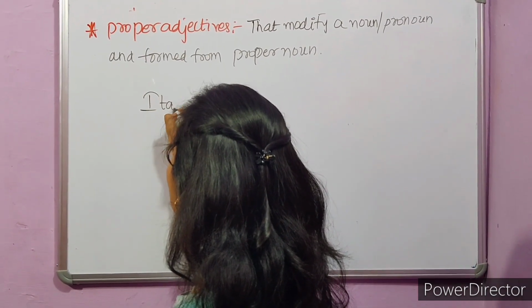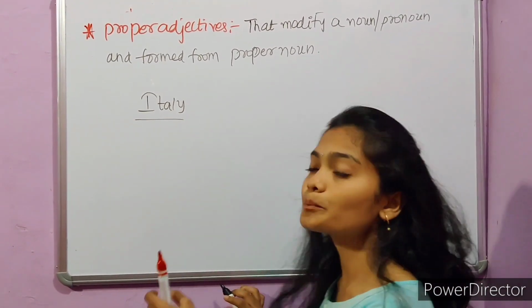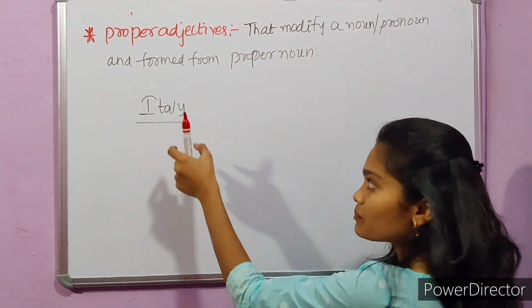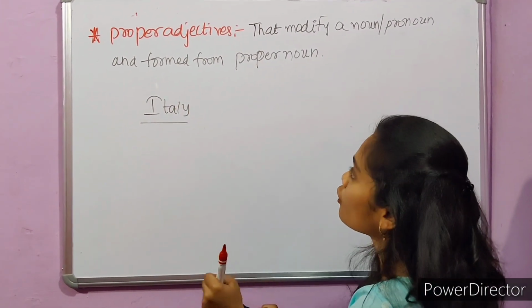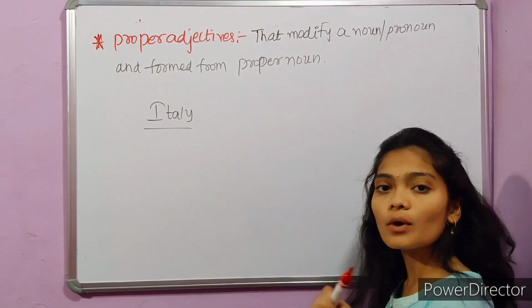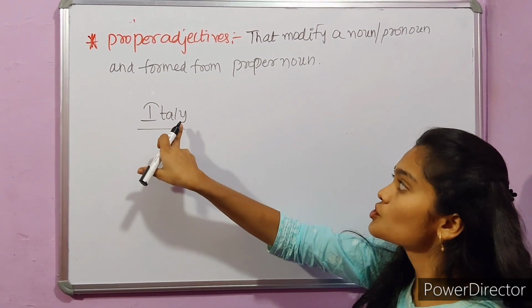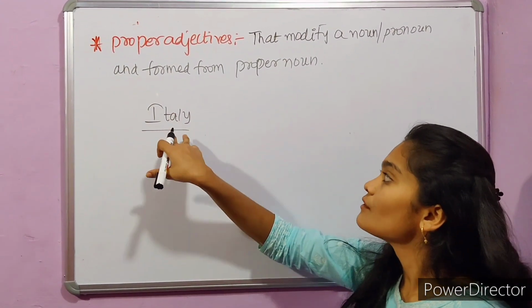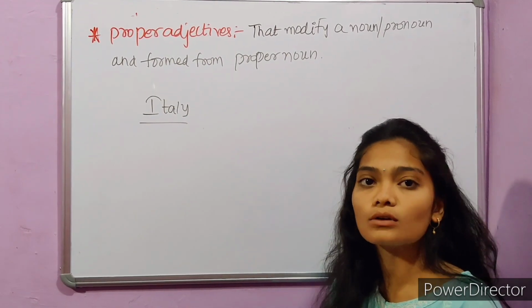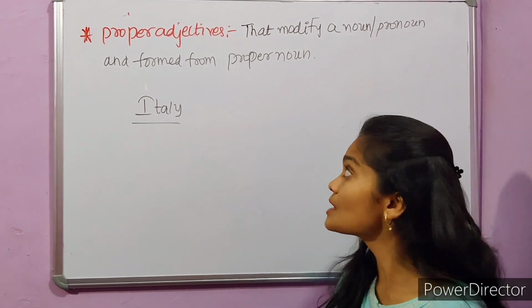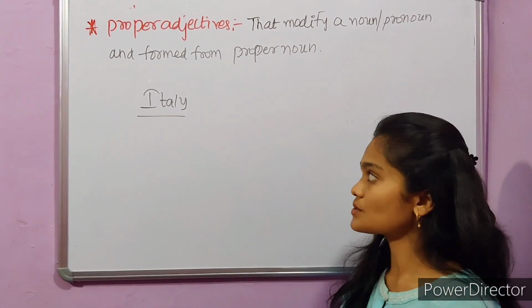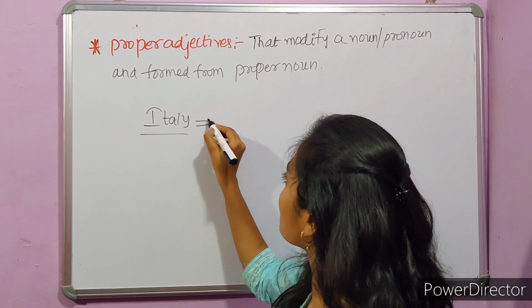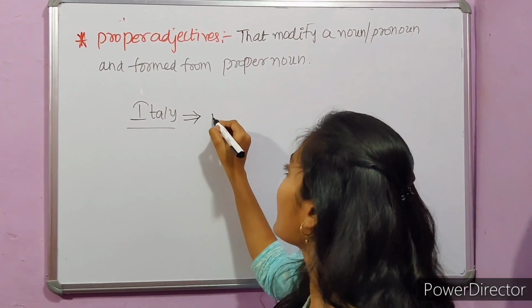For example, Italy. It is a proper noun. From this proper noun, we have to form a proper adjective. How can we form? We have to add a suffix in order to make those proper nouns into proper adjectives. For example, I write this as Italian.